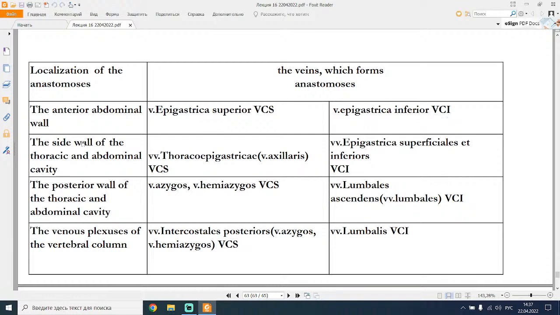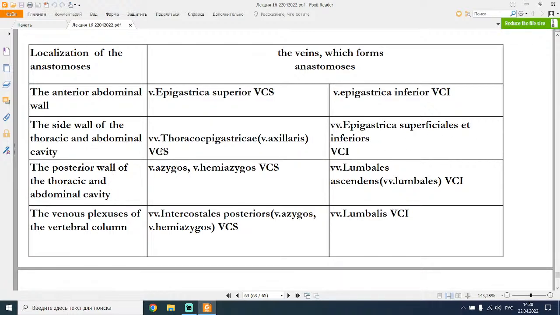The side wall of the thoracic and abdominal cavity: vena thoracoepigastrica, vena axillaris, vena epigastrica superficialis et inferior. Next, the posterior wall of the thoracic and abdominal cavity, between vena azygos, hemiazygos and vena lumbalis ascendens.